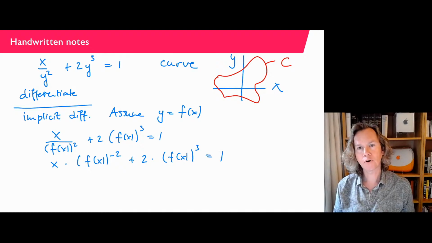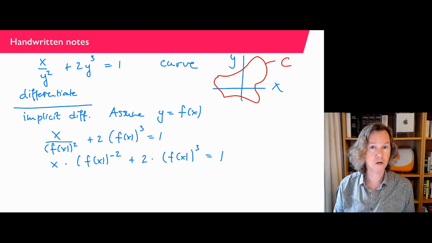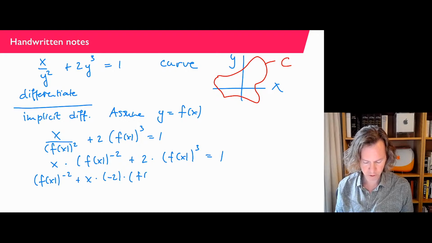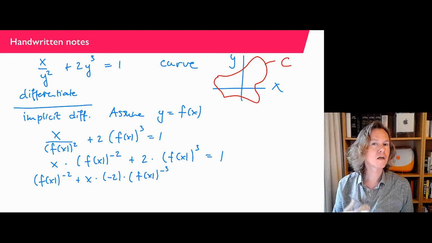And now I'm going to differentiate with respect to x. So if I differentiate x, I get 1. So I get f(x) to the power minus 2 plus x times, and then I have to differentiate this f(x) to the power minus 2. So I get minus 2 times f(x) to the power minus 3. And then with the chain rule, I have to differentiate f again.